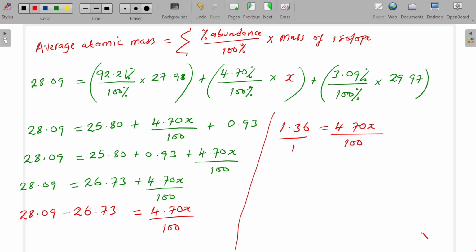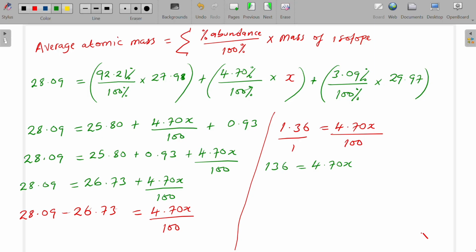So when you cross multiply, we'll have this value multiplying by 1 and that value multiplying by 100. So when you do that, what we are getting is 136, and this is equal to 4.70x, like that.